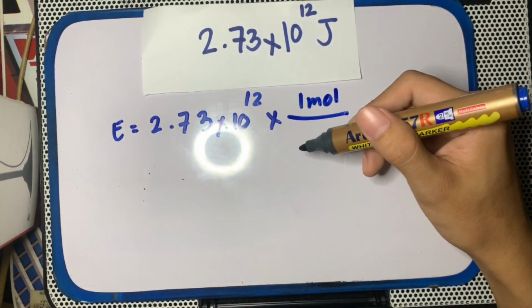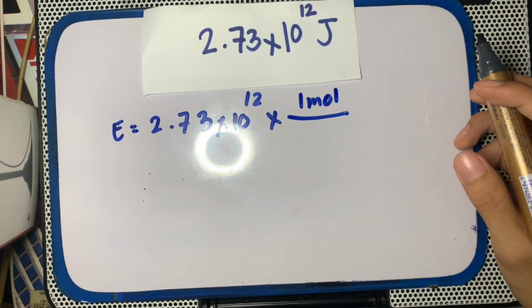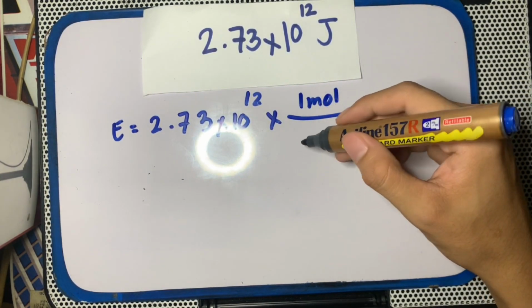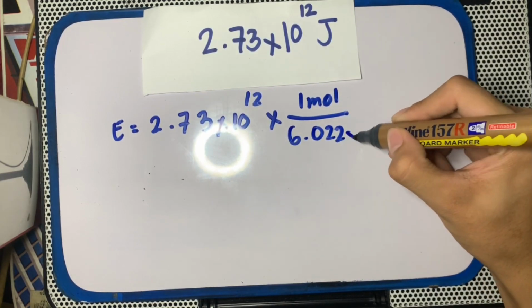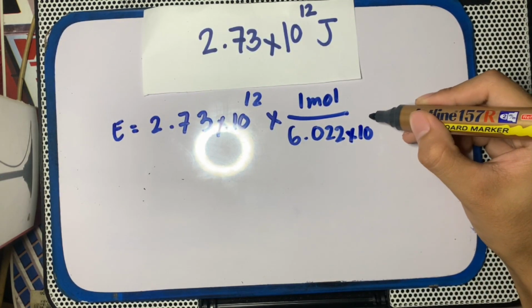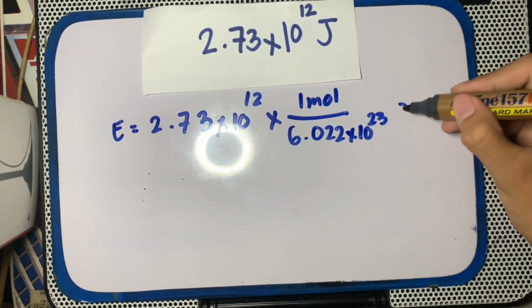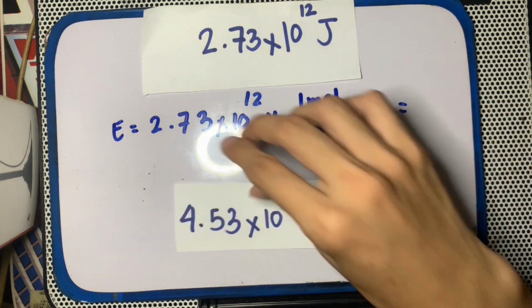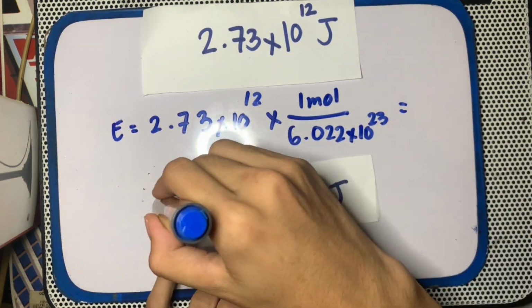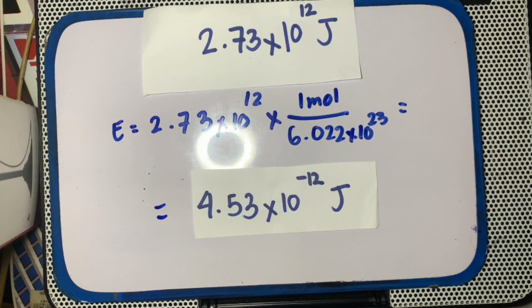Mahanap natin to sa mga sites na yung ating conversions and values. 6.022 times 10 raised to 23 and will be equal to 4.53 times 10 raised to 12 joules.